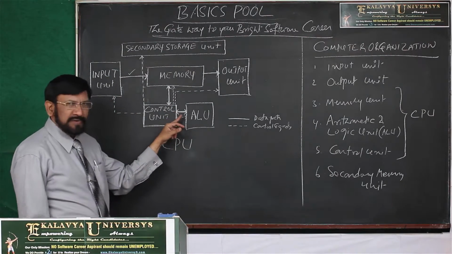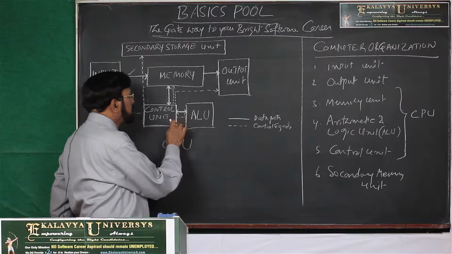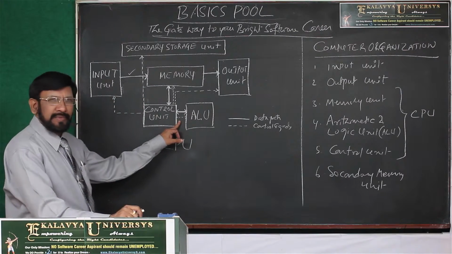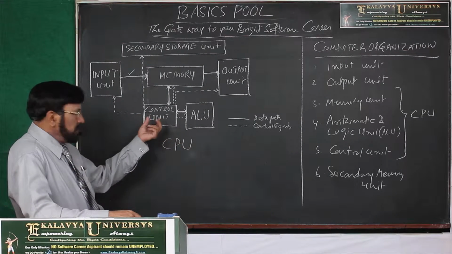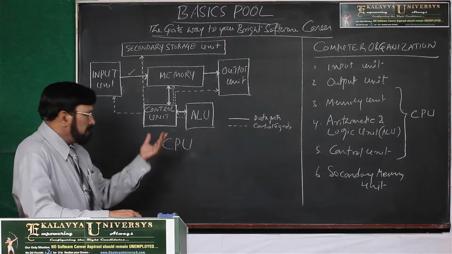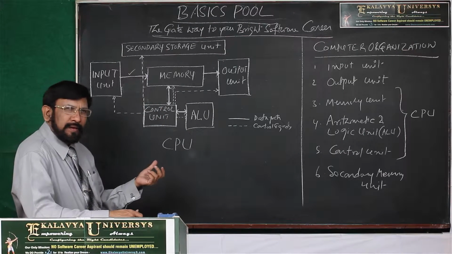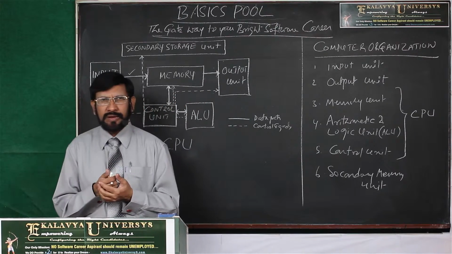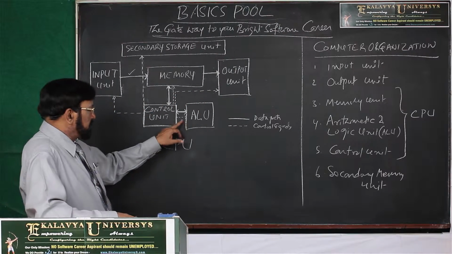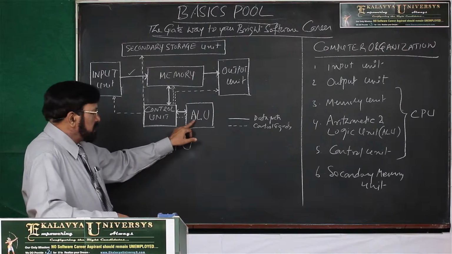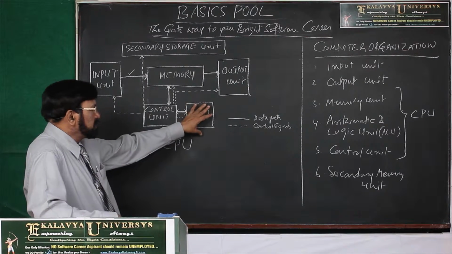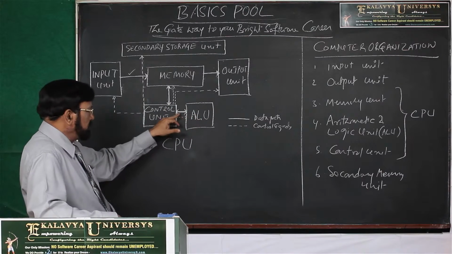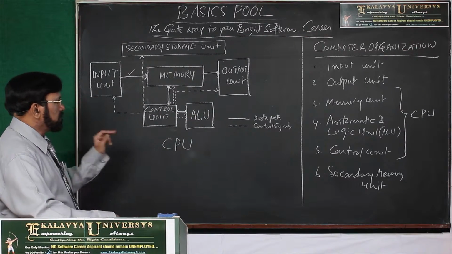That's why arrow symbols are on both sides, and it sends control signals too. So whatever data it receives from the memory, wherever an arithmetical or logical operation is to be performed, it sends it to the ALU, the arithmetic logic unit. Then it performs the arithmetical or logical operations, and after processing it sends the result to the control unit.